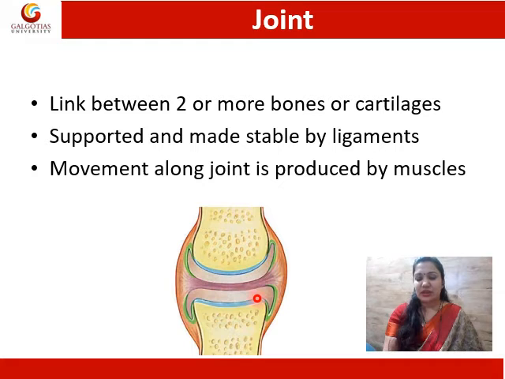Articular cartilage covers the articular area of the epiphysis and provides a joint space in between. This articular cartilage provides frictionless movement and shock absorbing property to the joint. So this meeting junction of the two bones is called a joint.